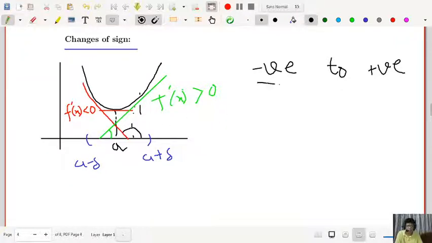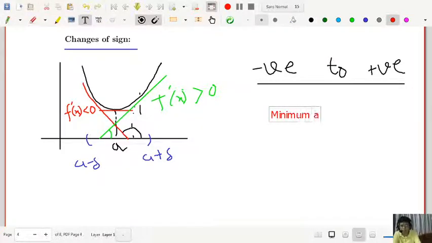So your change of sign is negative to positive, and the conclusion is the function has a minimum at x equal to a. That means if there is a change of sign from negative to positive, the function must have a minimum value at x equal to a.